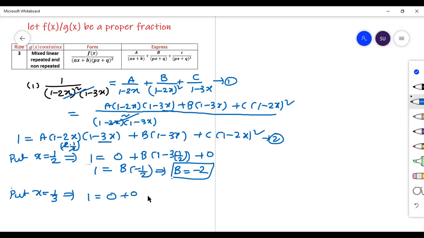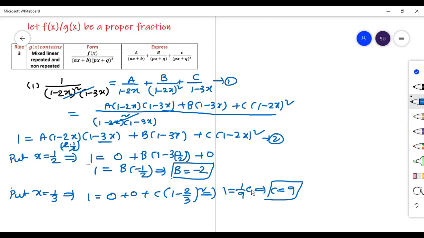So the next term is also 0. Next C into (1 minus 2 into 1 by 3), which is 2 by 3, whole square. That implies 1 is equal to C into (1 minus 2 by 3), which is 3 minus 2, that is 1 by 3, whole square. That means 1 by 9. 1 is equal to C into 1 by 9, so C is equal to 9. So now we got the C value also.